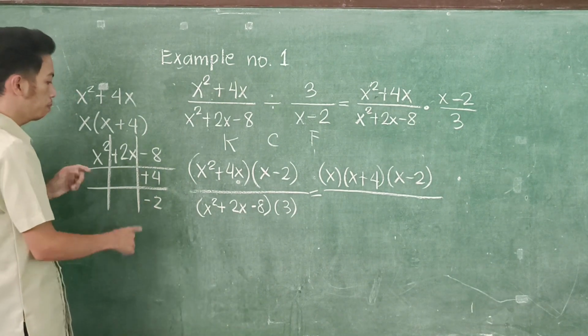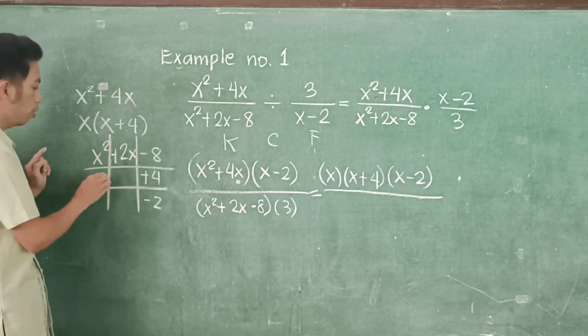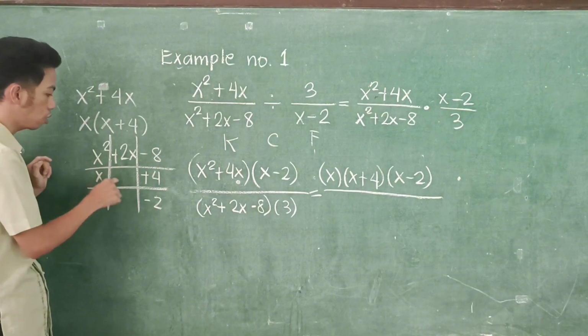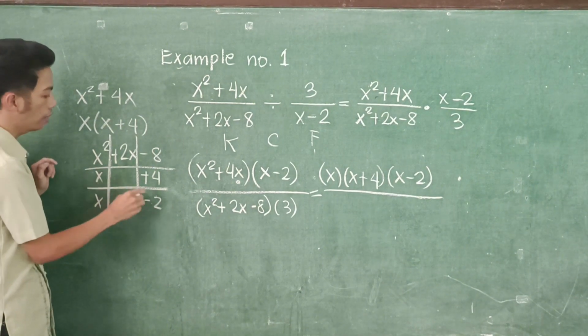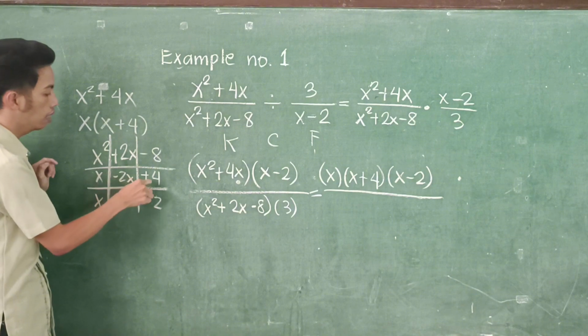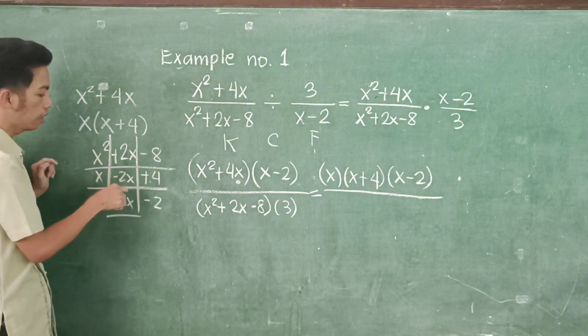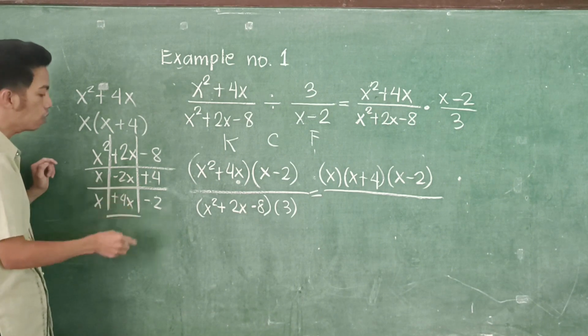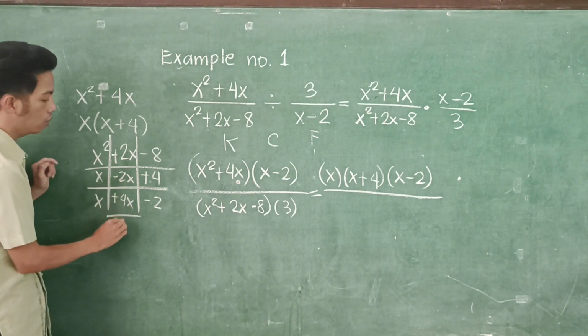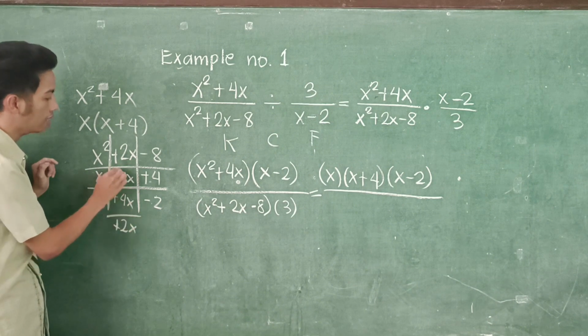Okay? Because if we have the factor here of x times x and cross multiply, we have here negative 2x and we have here positive 4x. If we combine this, 4x minus 2x, that is positive 2x, and that is the middle term.